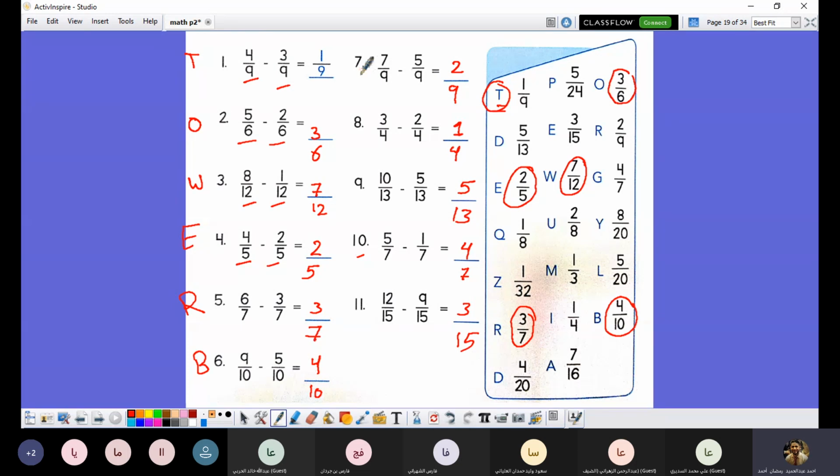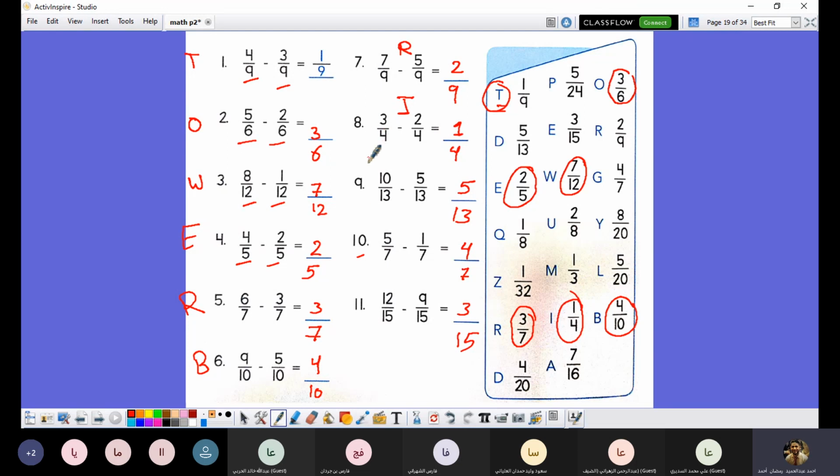And number 7, 2 over 9 is R. Like number 8, 1 over 4 is I. This 1 over 4 here, I.